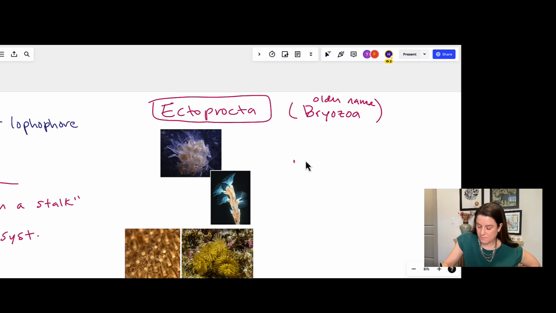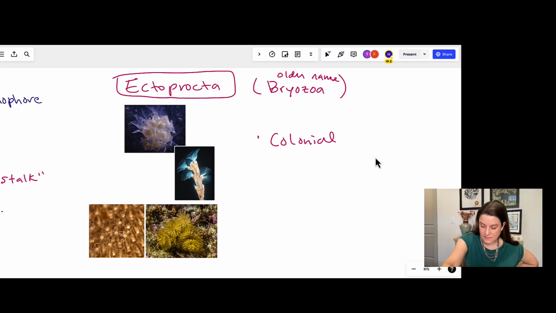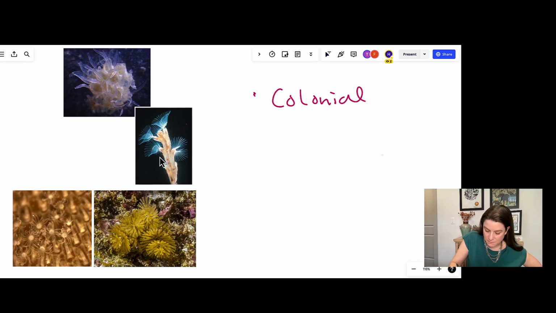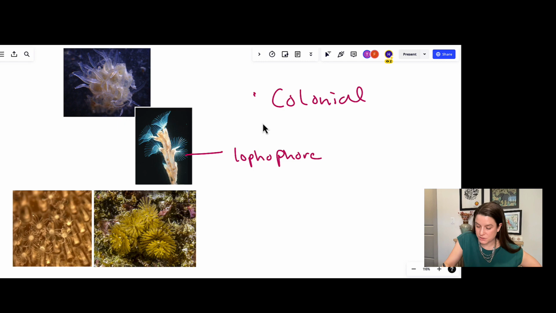It's an older name. These guys are colonial, and you can see again that they have these lophophores. These are really good pictures. So there's a number of them living together. They can live in different sorts of structures, but this is clearly those lophophore feeding structures there. Again, the U-shaped gut.